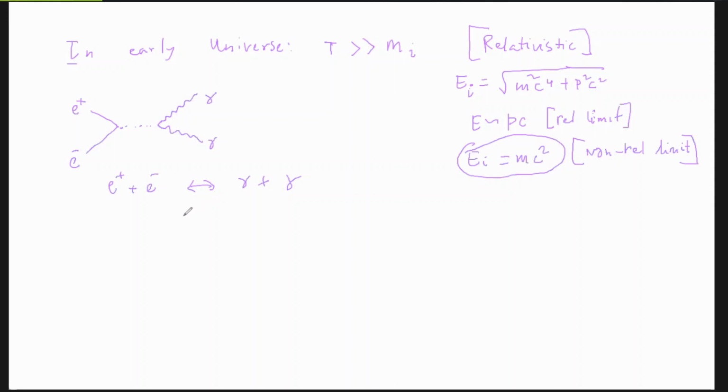Now you tell me, when T is much higher than m_e, then even though the photon is massless, it's there.